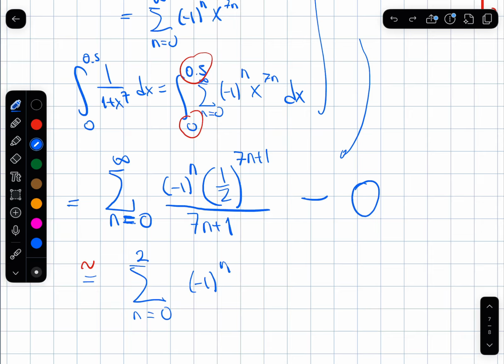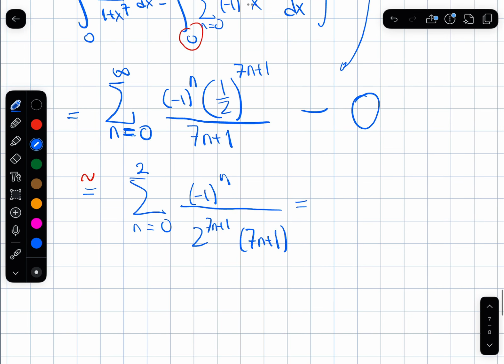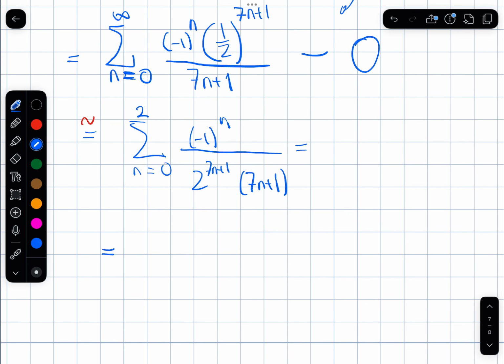In this fraction, I get to rewrite it like 2 to the power 7n plus 1, times 7n plus 1, like that. So when I plug in 0, I only have 3 terms now. Plug in 0, I get 1 over 2. That's easy enough.